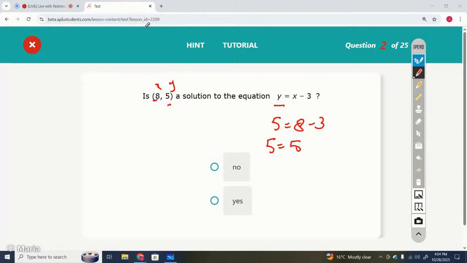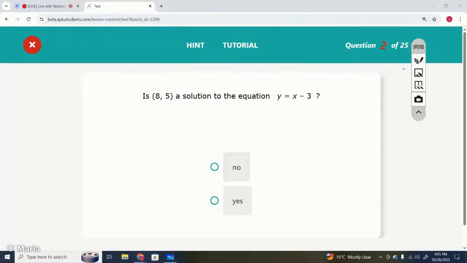Both sides are exactly equal. Yes, that means 8, 5 is the solution of the equation. The correct option is yes.